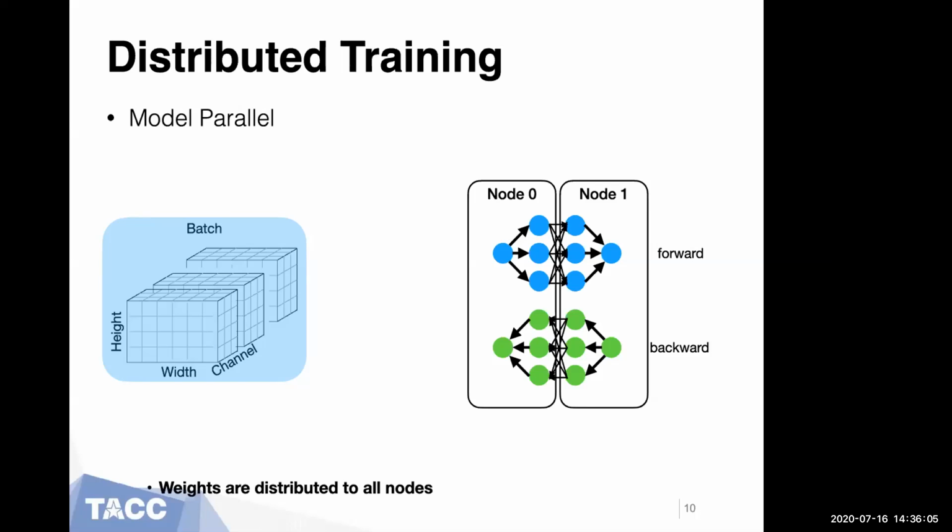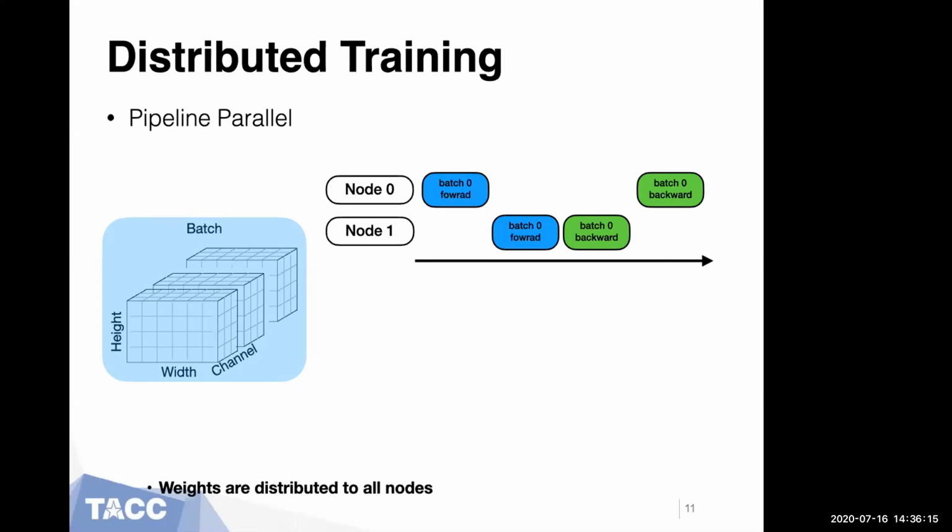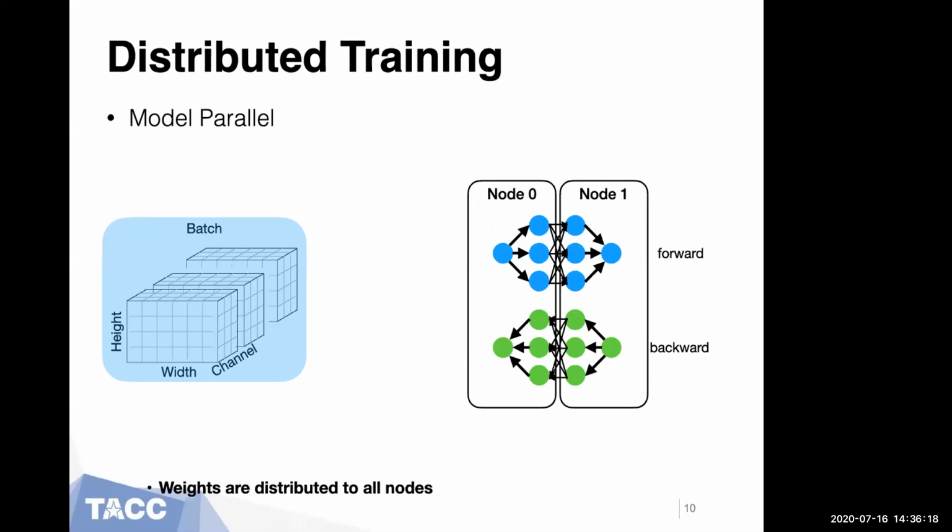Obviously, there has to be some communication between these boundary layers. But the idea is very similar. We run forward computation from the very beginning of the graph, then pass it through. If this arrow is a boundary, then it's a message. We send it to the rest of the nodes, but probably in a much smarter way.